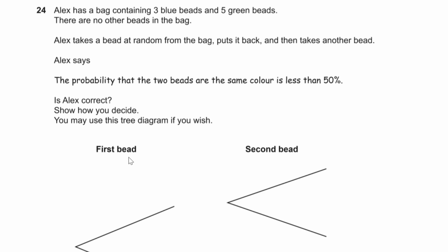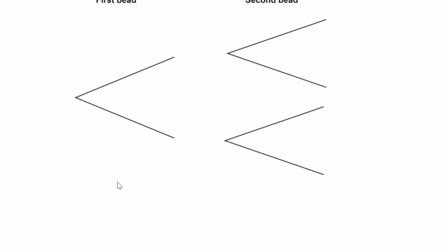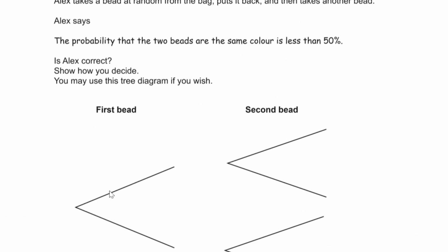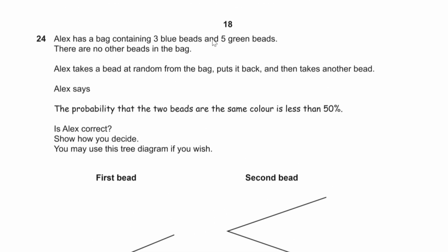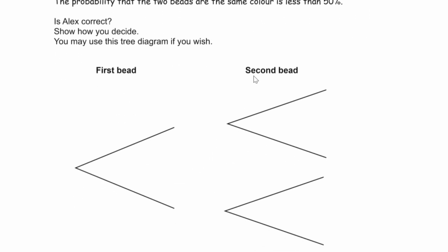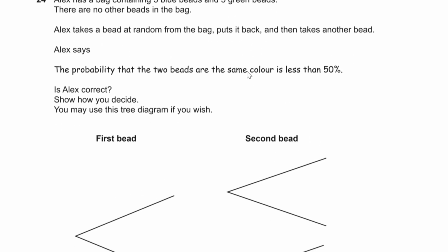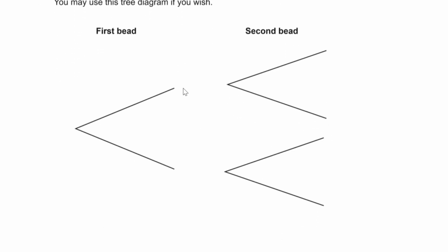So the way we can approach this is to draw our values on the tree diagram. We've got 3/8 are blue and 5/8 which are green. So we've got 2 options here. We could either have blue or green.